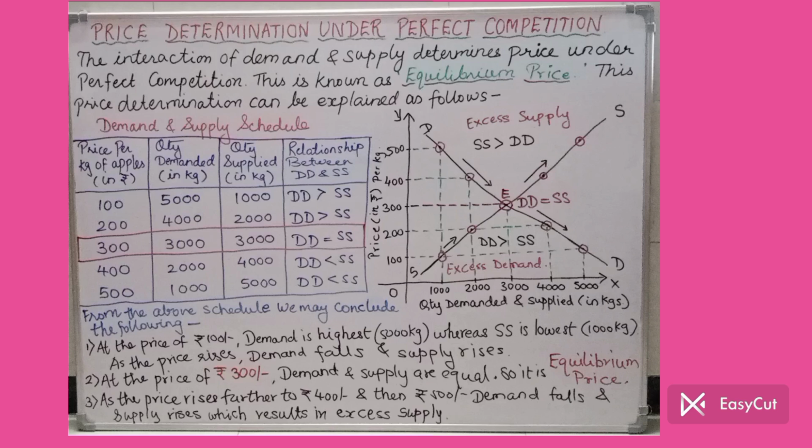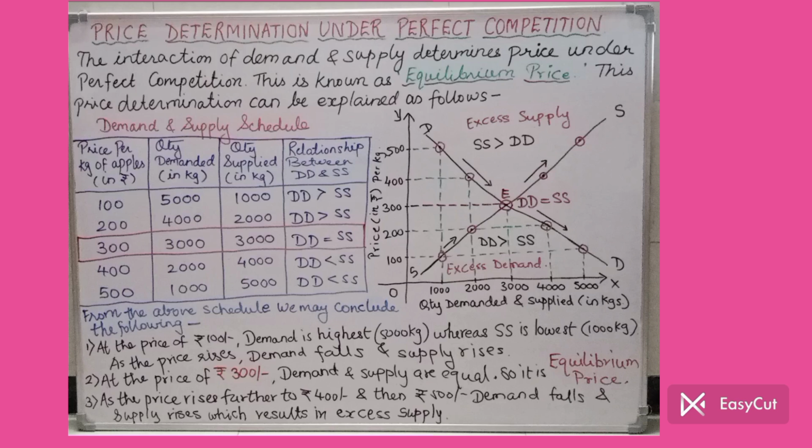Now we'll explain the schedule and diagram. From the above schedule, we may conclude that, and don't worry about the explanation, whatever we are seeing in the table, whatever we have drawn on the diagram, the same thing we'll write in our own words. So the conclusion is, at the price of rupees 100, the demand is highest, that is 5000 kg, whereas supply is lowest, because at the low price, the seller's profit margin is less, and hence sellers are supplying less.